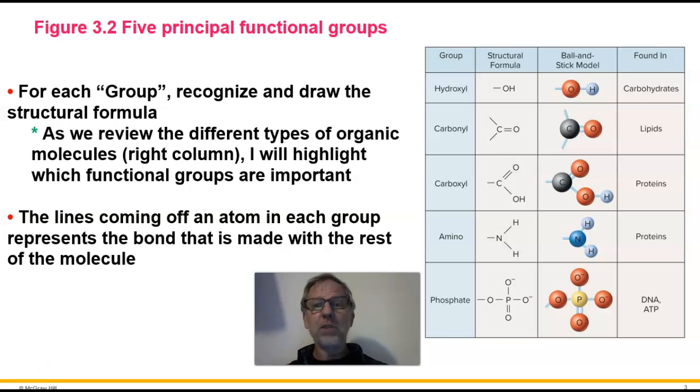The groups include hydroxyl, carbonyl, carboxyl, amino, and phosphate. What's also shown in this table is the structural formula for each of these groups. You need to be able to recognize those formulas or draw them. Indeed, drawing them would demonstrate to you or to me that you know what these functional groups are. So hydroxyl.